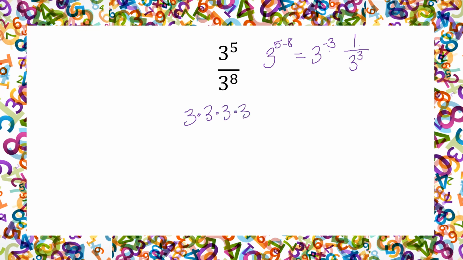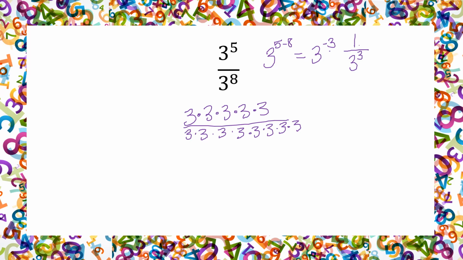Okay, so when you write this out, 3 to the 5th is 3 times 3 times 3 times 3 times 3. 3 to the 8th, same thing.